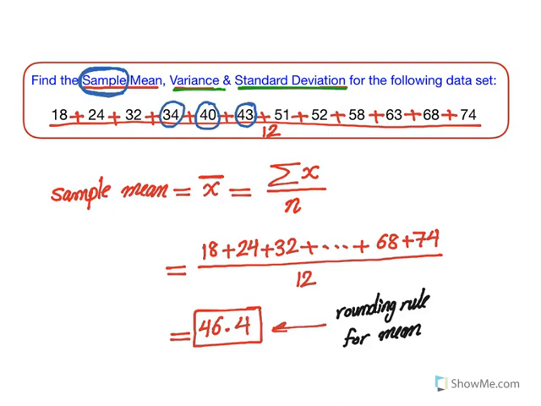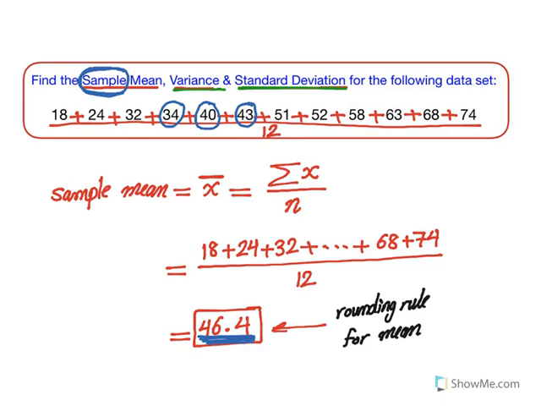So you do 1 decimal more than your data. If the data had a decimal, then the mean, variance and standard deviation would have 2 decimals, so you round them to 2 decimals. In this case, 1 decimal, because the data did not have any decimals. So therefore, this is our sample mean.